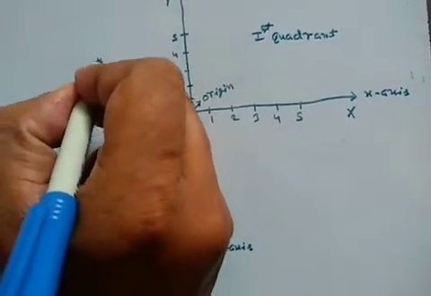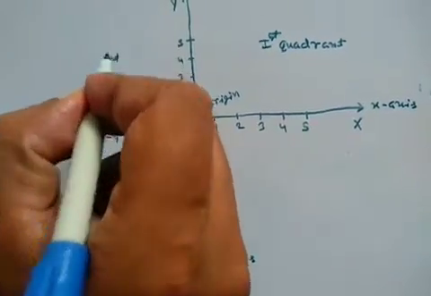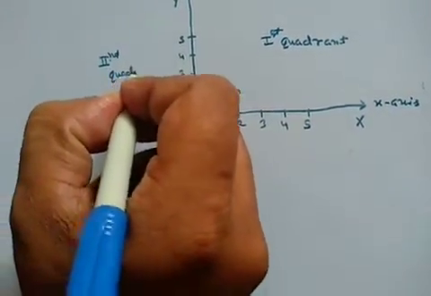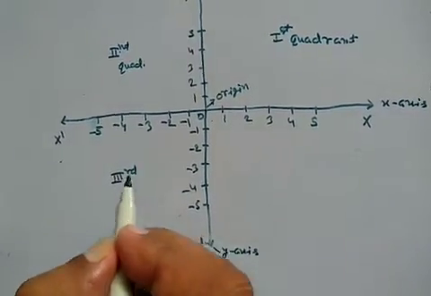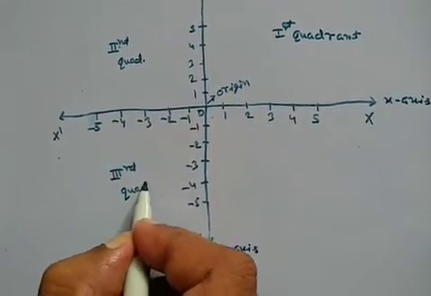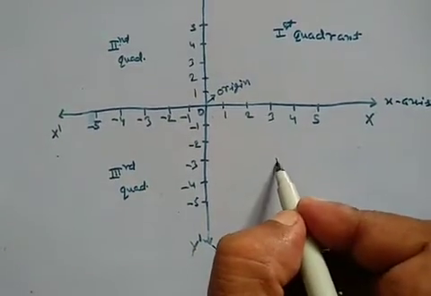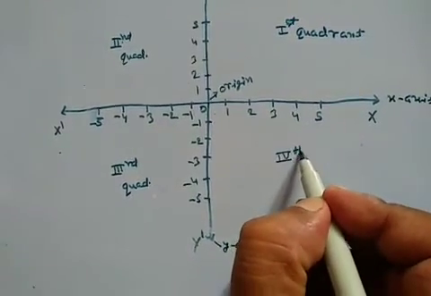This is called the second quadrant. This is called the third quadrant. And this is called the fourth quadrant.